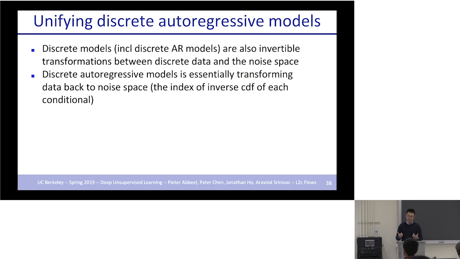But the crucial difference is that in discrete models, you will not be able to stack layers on top of layers. At least I don't think anyone in the community knows how to do that yet. If we know, then that would be a pretty big breakthrough.